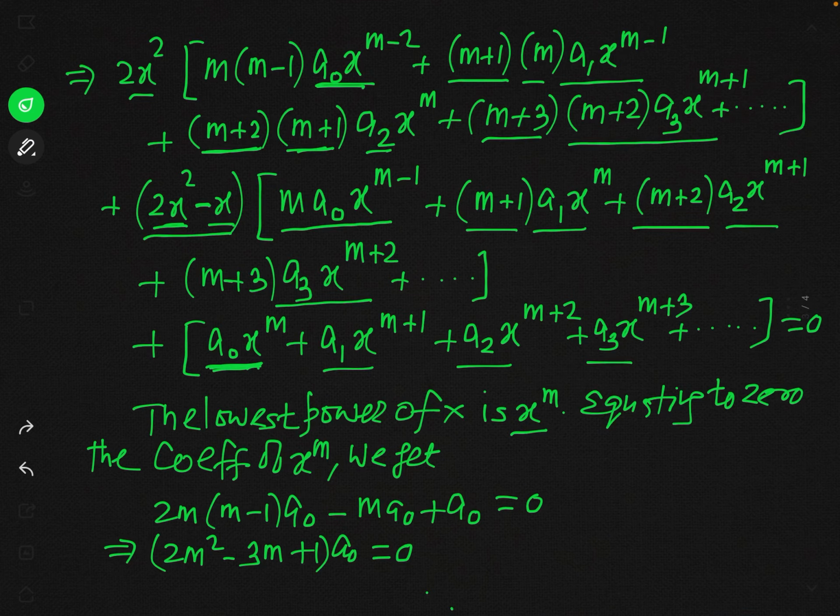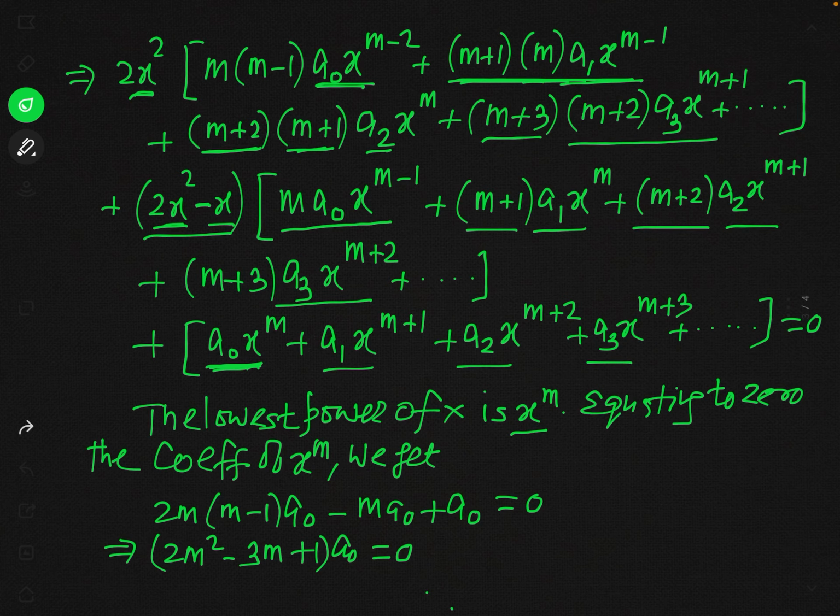When we equate this term to 0, what will be our result? First of all, now we are considering the term containing x to the power m plus 1. You can see here that in the first series, when you multiply the first term by x square into x to the power m minus 1, you will get x to the power m plus 1. So this m plus 1 into m into a1 will be the coefficient of x to the power m plus 1 in the first series.